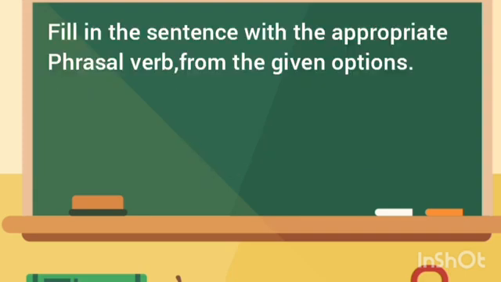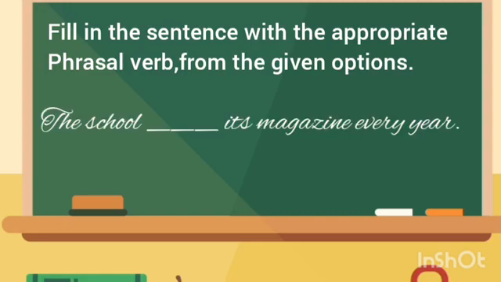Another type they can ask: fill in the sentence with the appropriate phrasal verb from the given options. You have to mention which phrasal verb suits the blank. The school dash its magazine every year.